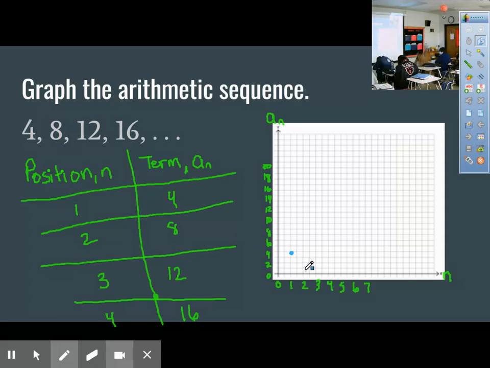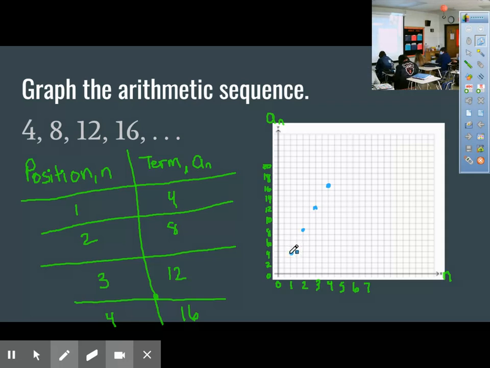And then (2, 8), (3, 12), and (4, 16). No, we don't connect the points, because they did not give us like 1/2, 1.5, 2.5. They only gave us 1, 2, 3, 4.